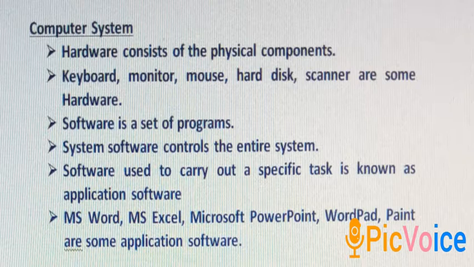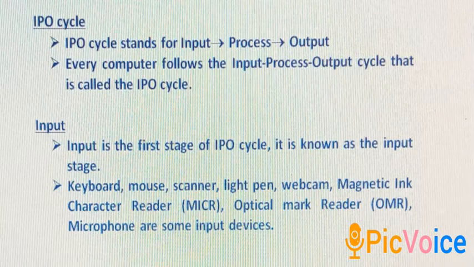MS Word, MS Excel, Microsoft PowerPoint, WordPad, Paint are some application software. IPO cycle. IPO cycle stands for input, process, output. Every computer follows the input, process, output cycle. That is called the IPO cycle.